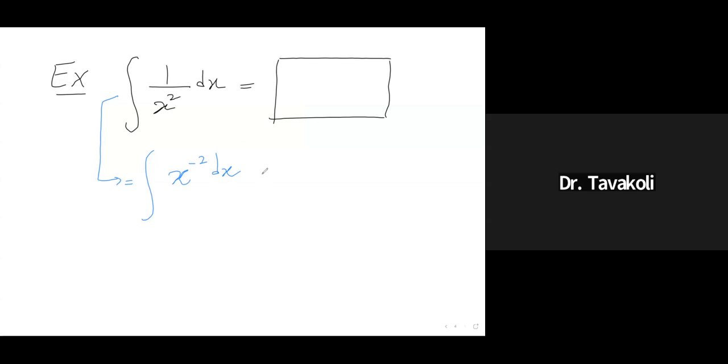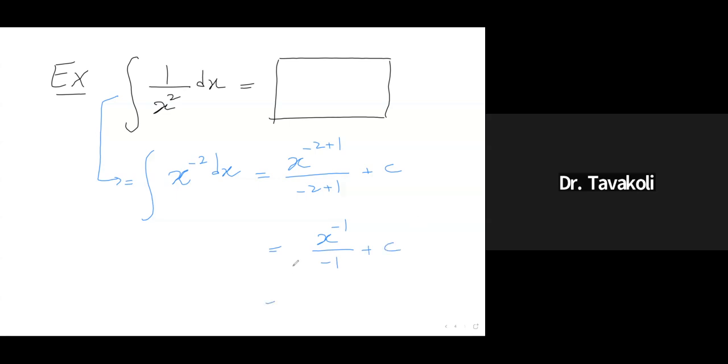Then using the power rule, we add 1 to the exponent and divide everything by that, and then plus c. Minus 2 plus 1 is minus 1, so I have x to the minus 1 over minus 1.